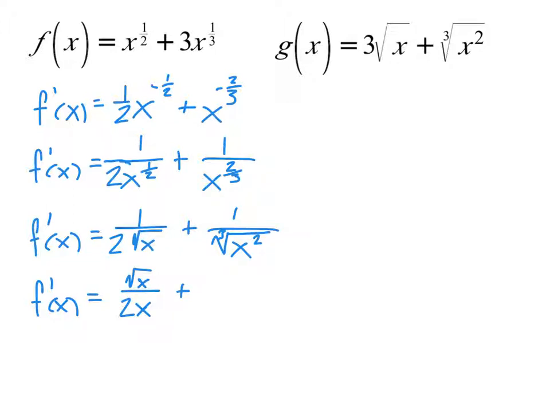Because if I did x to the 2/3 times x to the 2/3, I'd get x to the 4/3. I need x to the 1. And so I'm actually going to multiply top and bottom there by the cube root of just x. So it's cube root of x over just x. Now, aren't you glad you didn't have to do that on this first one?